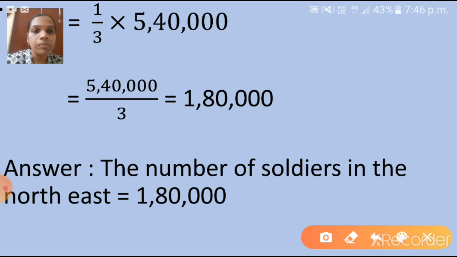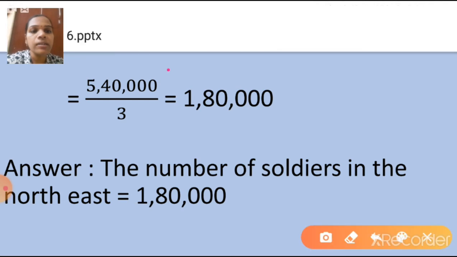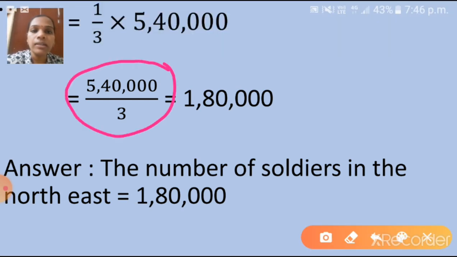Multiplying 3 and 1, your answer is 3. So now this is 5,40,000 upon 3. Can you divide here? If you divide, what will you get? 1,80,000 soldiers, that means 1,80,000 soldiers in the northeast region.